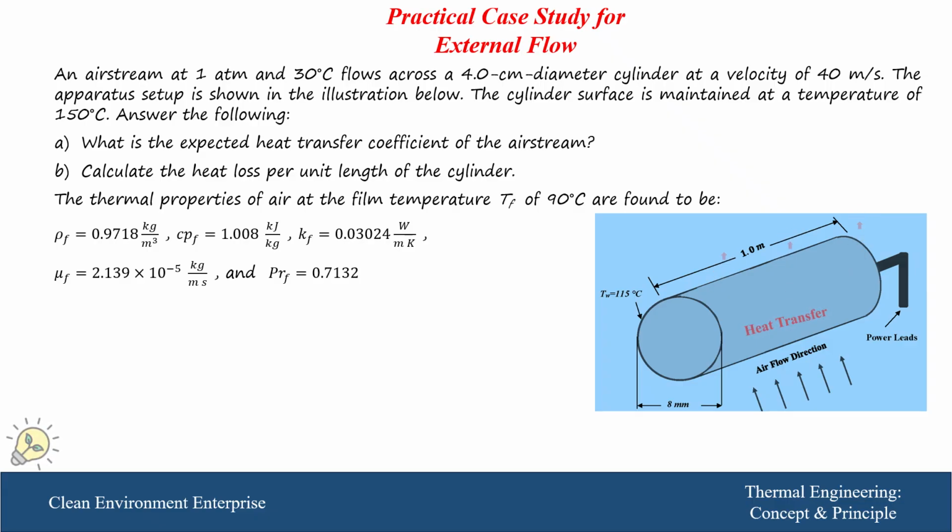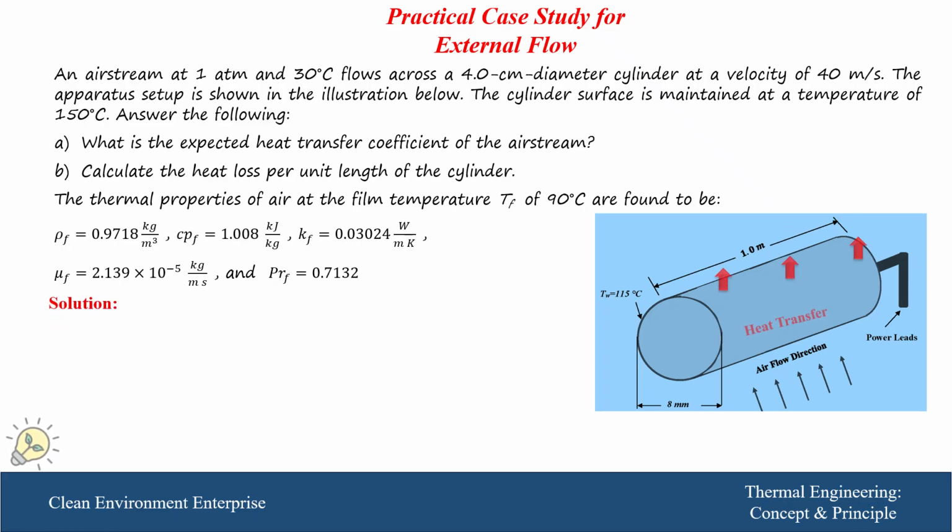Of course, these are in international SI units. Rho is the density, Cp heat capacity, K represents the thermal conductivity of air, and mu is the dynamic viscosity, and finally Prandtl number.